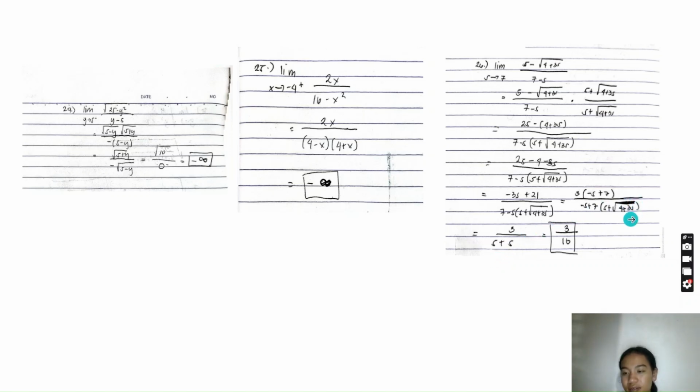Since we have already substituted 7 into it, we get 3 over 5 plus 5, that is 10. Therefore, the limit of 5 minus the quantity 4 plus 3s all over 7 minus s as s approaches 7 is 3 over 10.